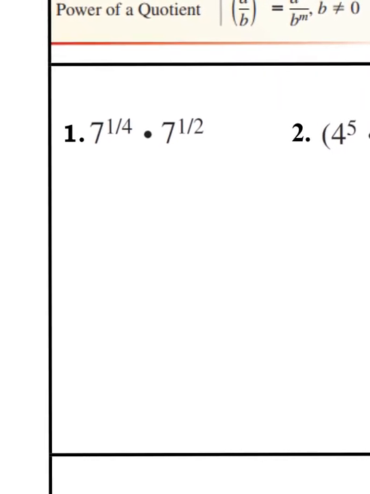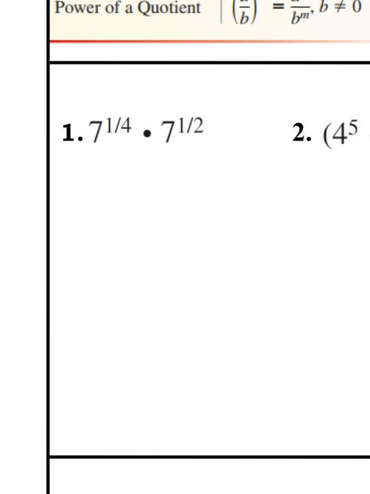So here you have 7 to the 1/4 times 7 to the 1/2. If you have the same base, that means you are adding your exponents. So I'm doing 1/4 plus 1/2. It helps to know your least common denominators. I know that 1/2 can be rewritten as 2 over 4, because 2 is half of 4, so it's not too bad.